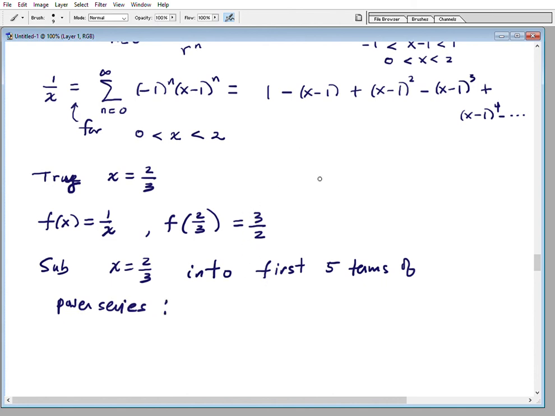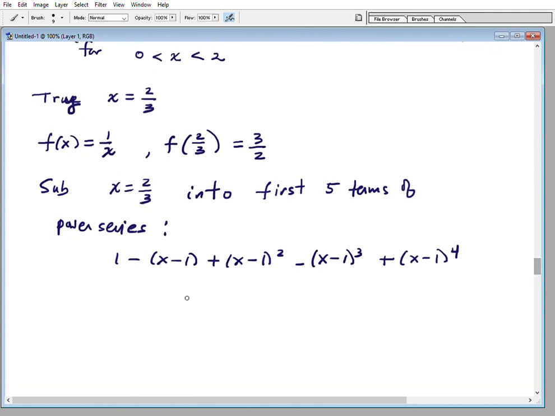Here's our power series, so I'll write down the first 5 terms. Now let's substitute in 2/3. 2/3 minus 1 is minus 1/3.